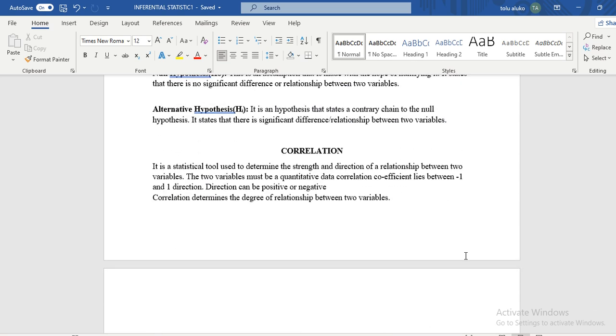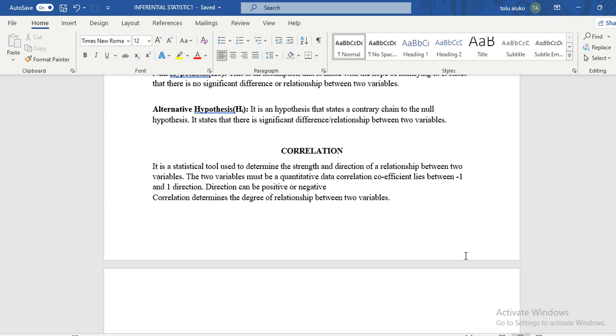Now, having said a little about the hypothesis, we want to talk about correlation, which is one of the statistical techniques that we can use in inferential statistics. It is a statistical tool used to determine the strength and direction of a relationship between two variables.